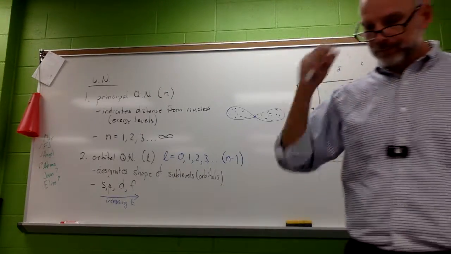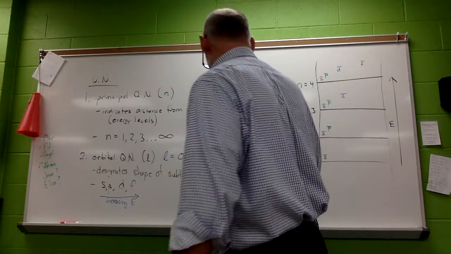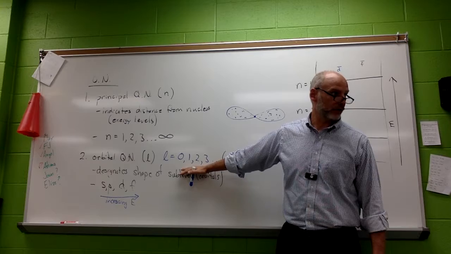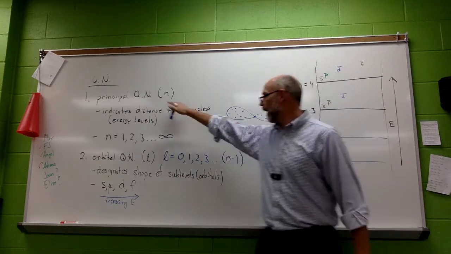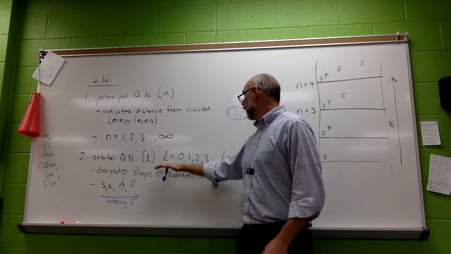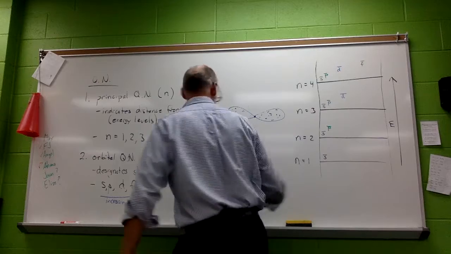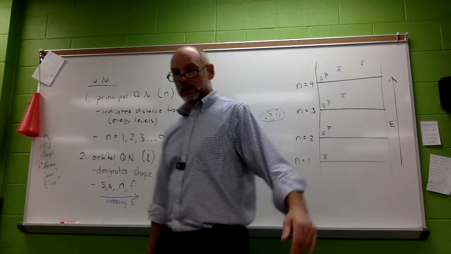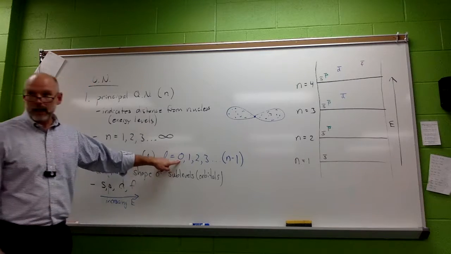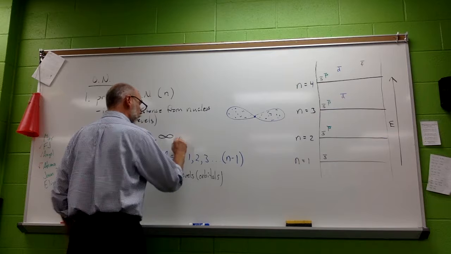All right, anyway, moving on. We are now done with the orbital quantum number. Did I go over the values of L that were possible? So now we have N, which can equal all the positive integers through infinity. The values of L can be... An L of 0 represents an S orbital.